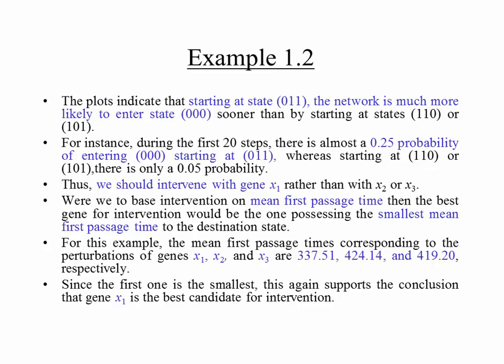What is the mean first passage time from 0, 1, 1 to 0, 0, 0? You do the calculation, you get this number, so many seconds, all right? For the other one, you get a bigger number, and the third one, you get an even larger number. So even if you use mean first passage times, you come up with the same result, that you should intervene with the first gene, right, in order to make your intervention most effective, right?